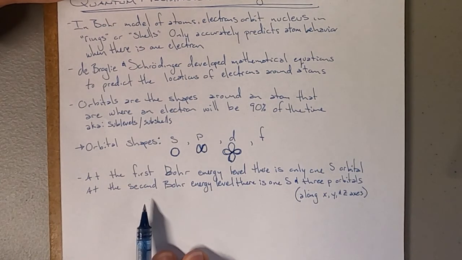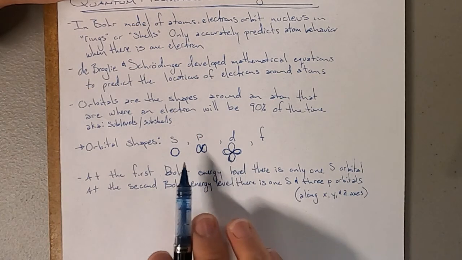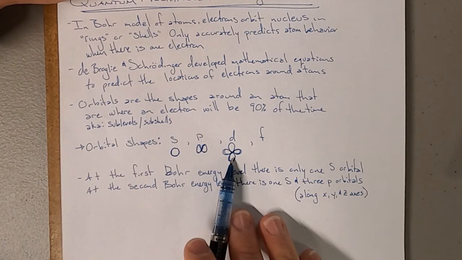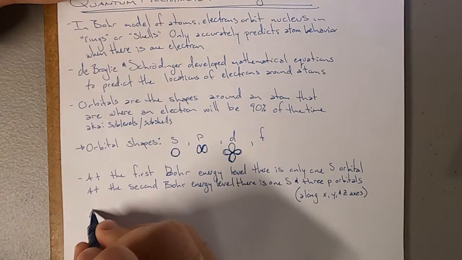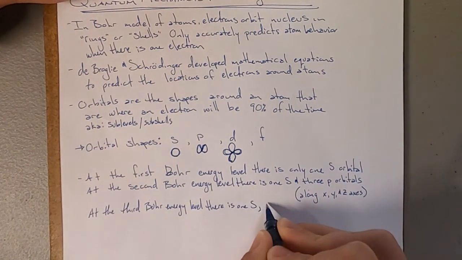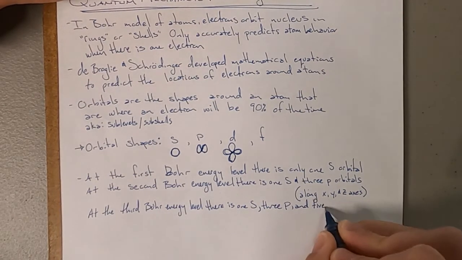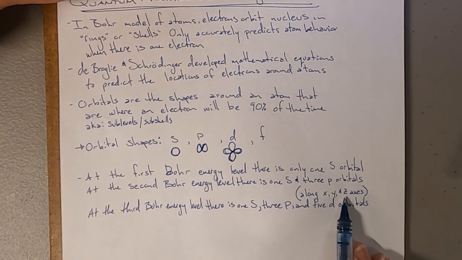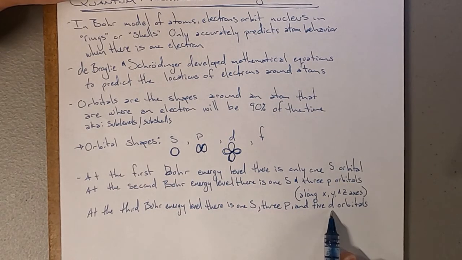At the next Bohr level, the third Bohr energy level, you start to have d orbitals. So there is one s orbital, the 3 p's, and the 5 different d orbitals, the 5 different d orientation orbitals. And the 5 d orbitals all have different orientations, similar to how x, y, and z are the orientations for p, but they're more confusing.